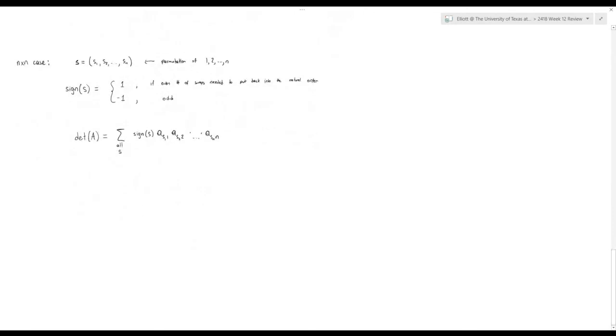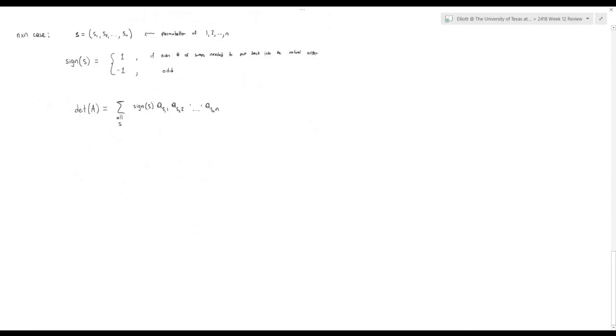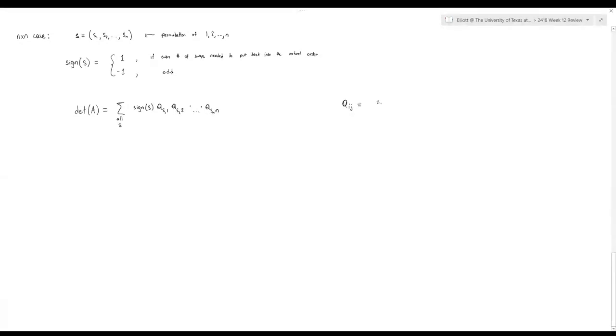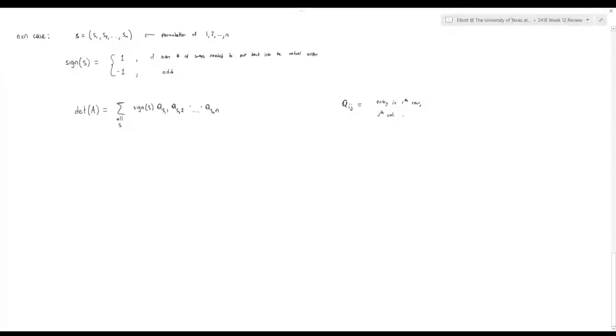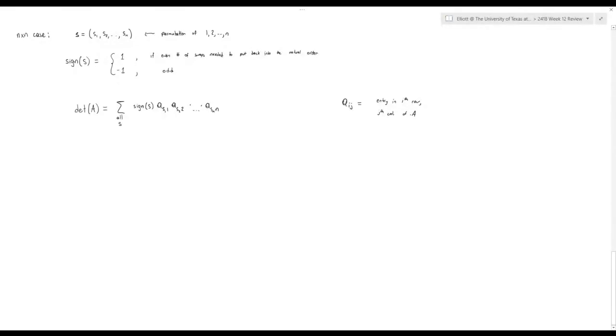So let's talk about this formula a bit, and then we'll also use it to get the determinant of a 3 by 3 example. Okay. So here I'm using notation that we've seen before. A_ij denotes the entry in the ith row and the jth column of A. So this A_{S1,1} is the entry that was in the S1th row in the first column.